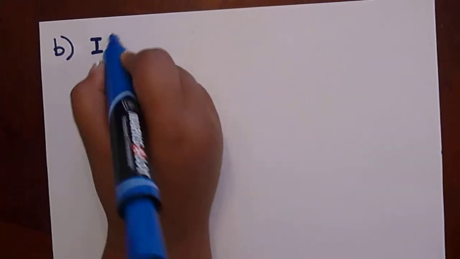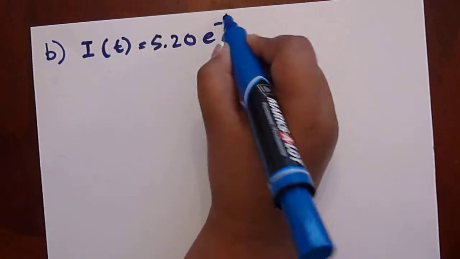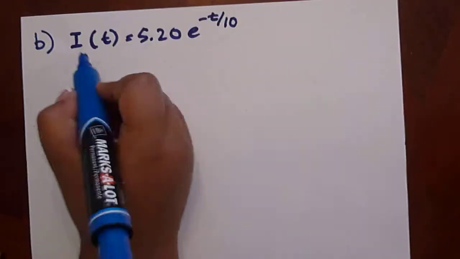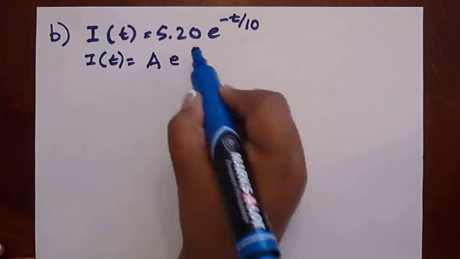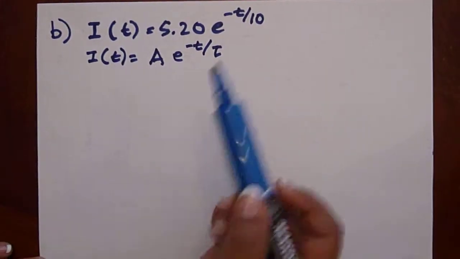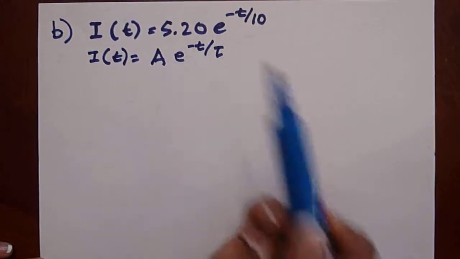So what you need to recognize, if we look at our equation once again, if you can remember this general form, it usually helps for these kinds of problems. The important thing here is that we have negative t over tau.